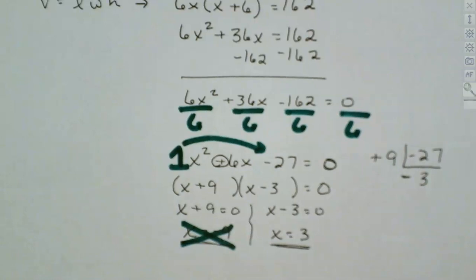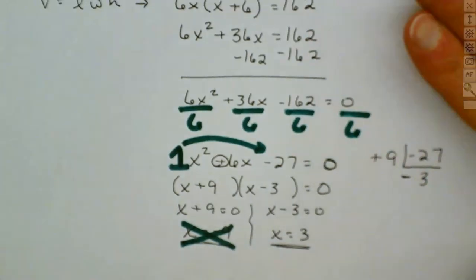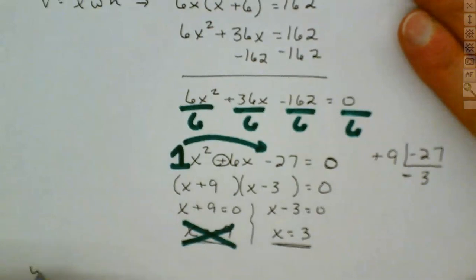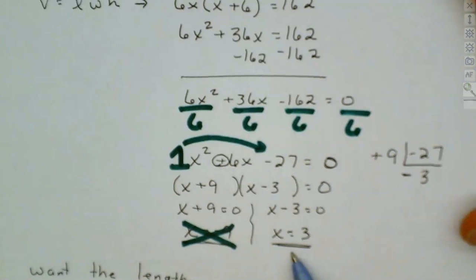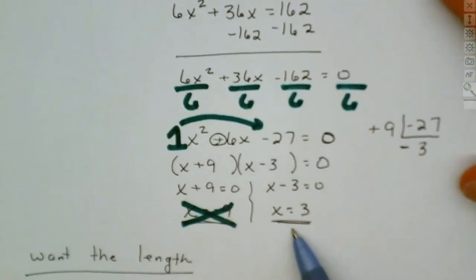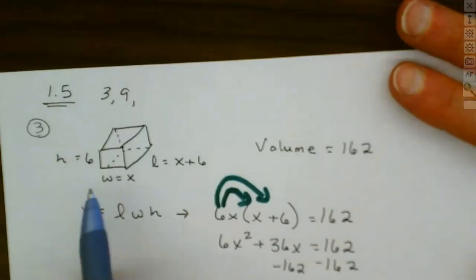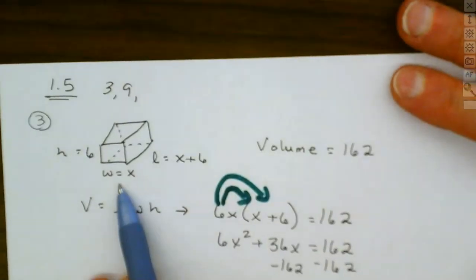It says find the length. So we want to make sure we answer the question and we want the length. Is this 3? Is that the length? Yes or no? No. What is this 3? Going back to our picture, that 3 is the width.